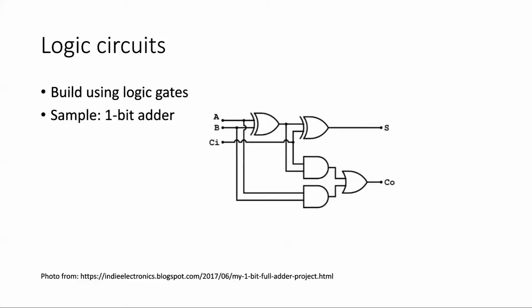Logic circuits, as we already saw in our small examples in Logisim, are built using logic gates. You remember that in doing arithmetic operations on binary numbers, we simply use the kind of logic we learned at school to do addition and subtraction.